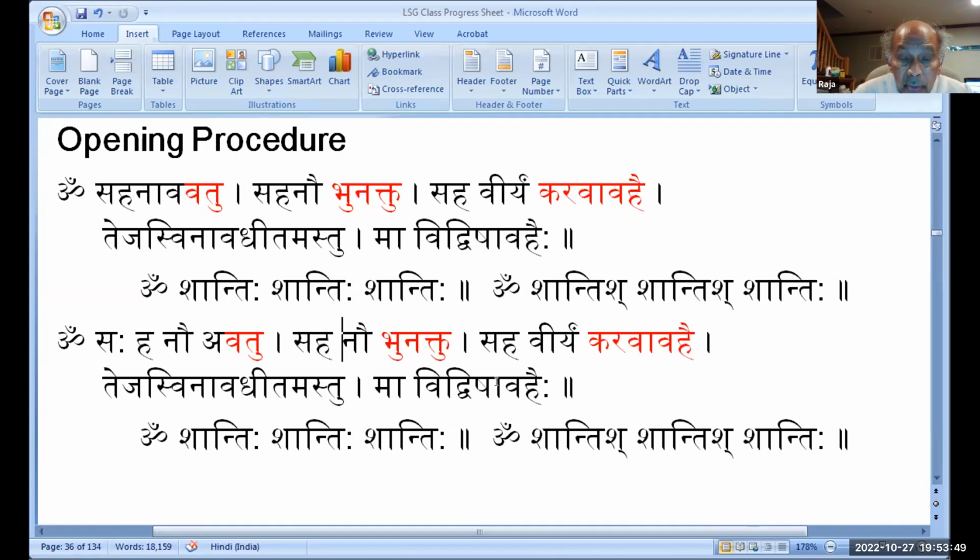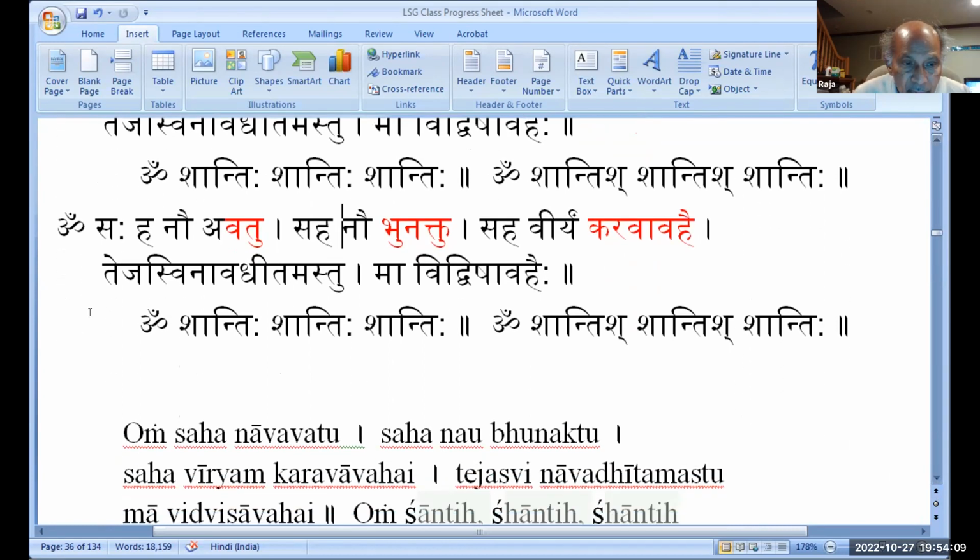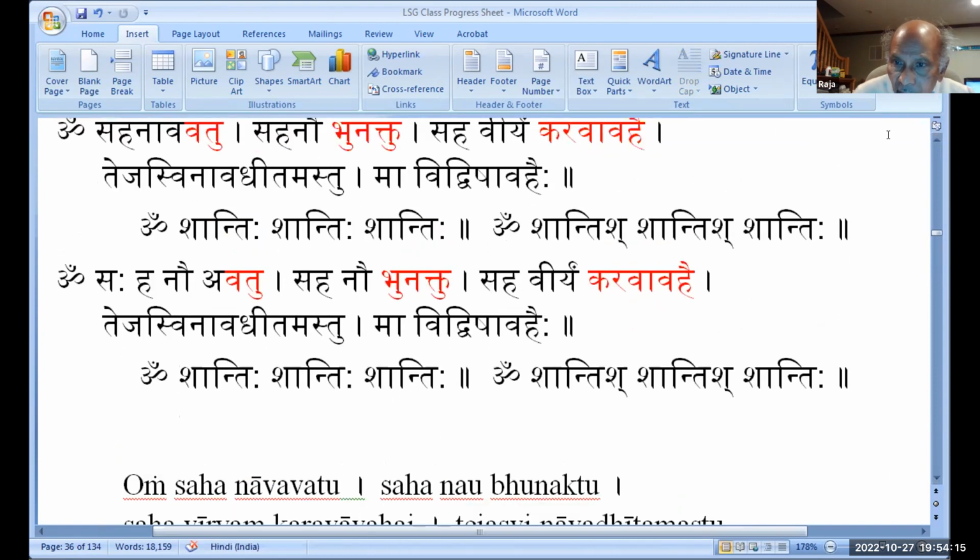Dvish means to hate. From there the word dvesha comes. May he not allow us to hate each other. So let's look at here. We are going to do a sandhi here, where we said it is nava to this.